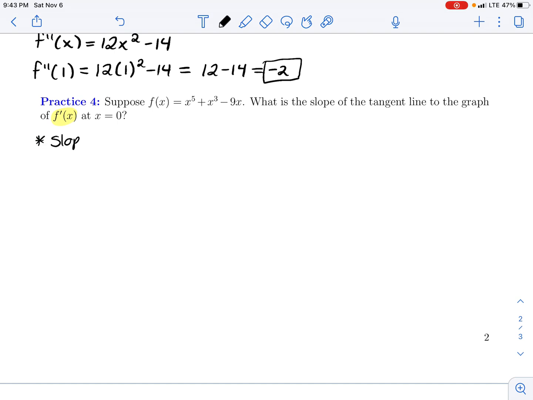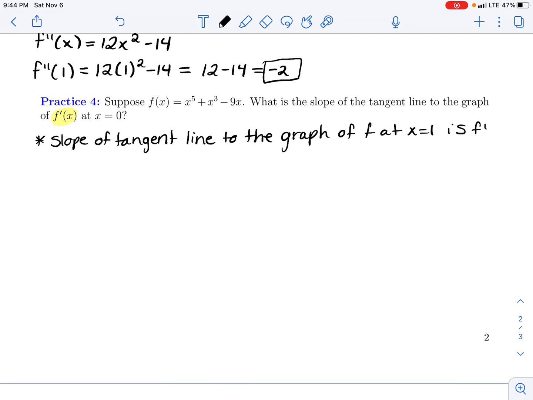Okay, so remember that the slope of the tangent line to the graph of f at x equals 0 is the derivative at 0, right?